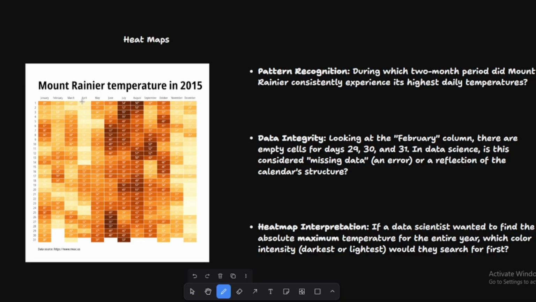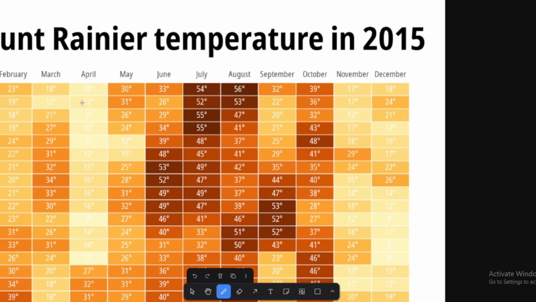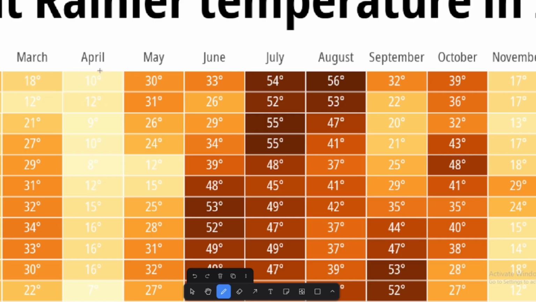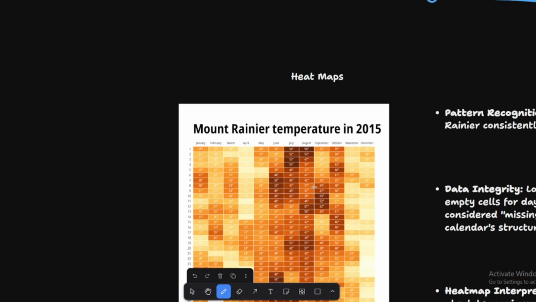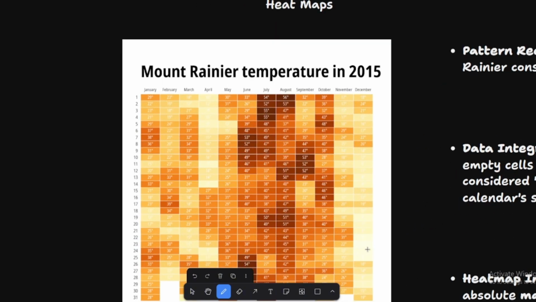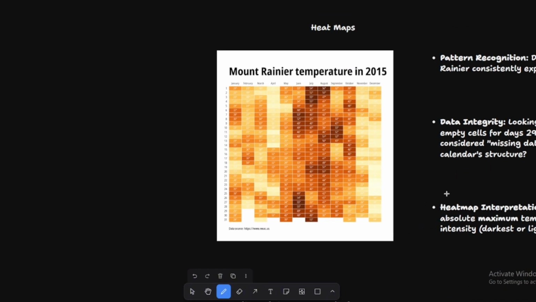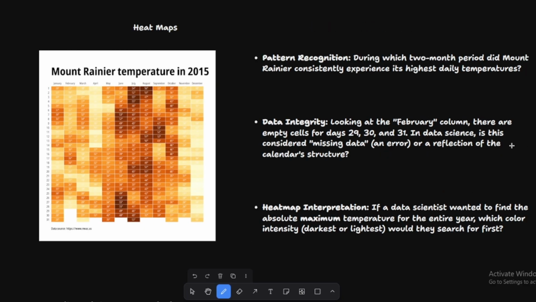The lighter colors represent lower values. If we zoom in really far, we can see that this is 10 degrees and it's light. And over here in the darker colors, we have way higher, with 55 degrees. Essentially, they're meant to uncover patterns in the data using those color differences. So let's answer some questions.